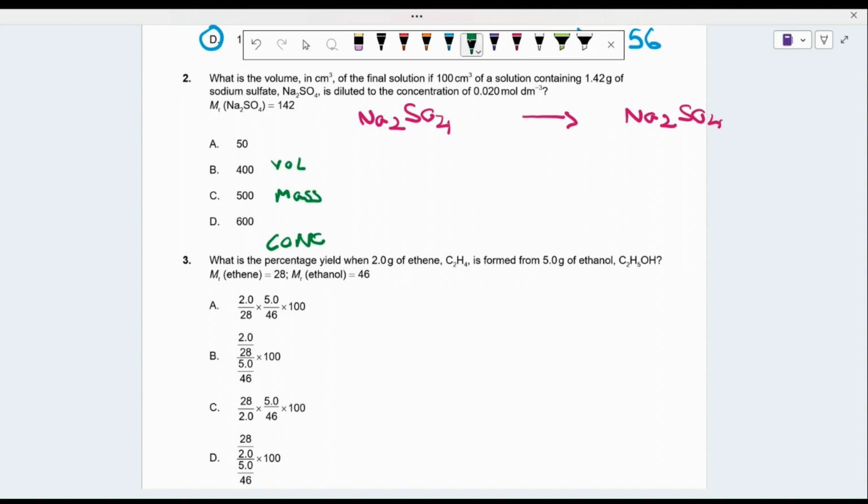We are given these values: 100 centimeter cubed, 1.42 grams, and the final concentration, 0.020. What we have to work out is the volume of the final solution. So that's this one here. What is this? And it should be in centimeters cubed.